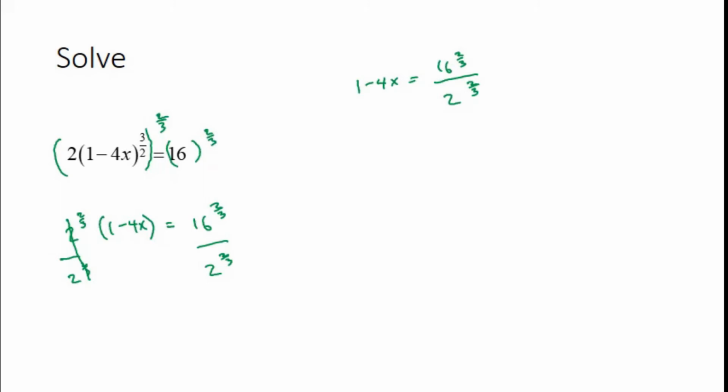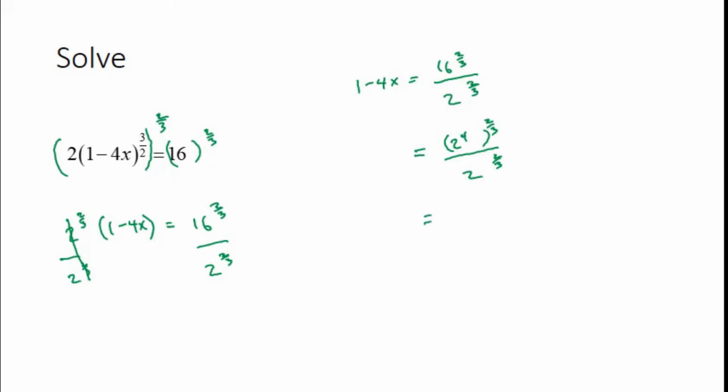So on the right-hand side, we can make that a little bit easier because 16 is 2 to the 4th power. So we have 2 to the 4th power raised to the 2/3 power over 2 raised to the 2/3 power.